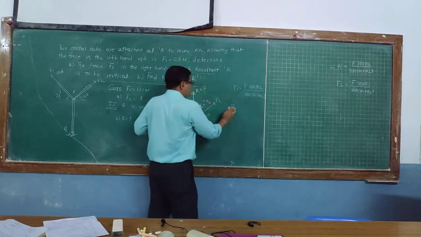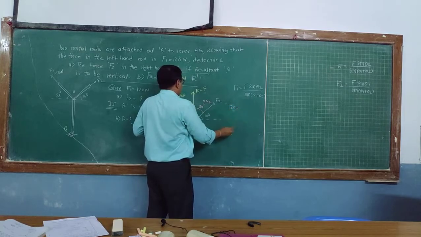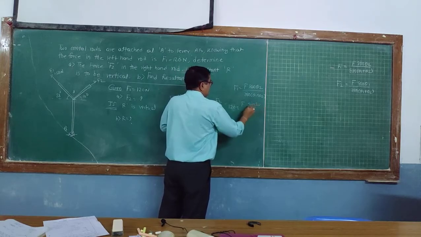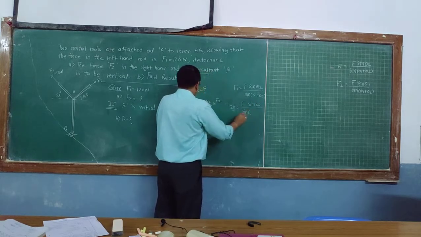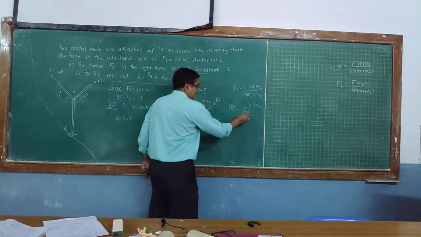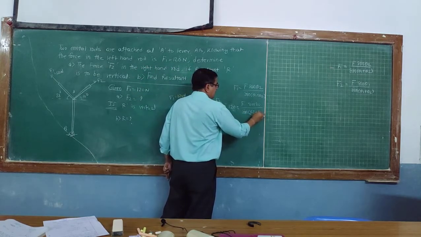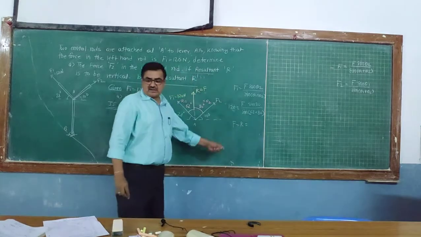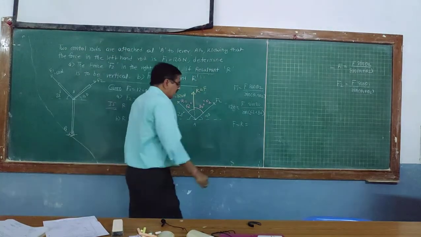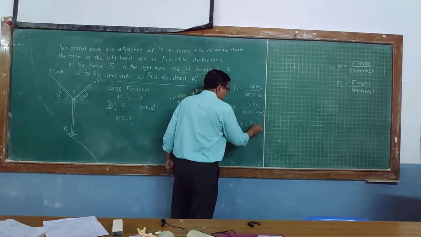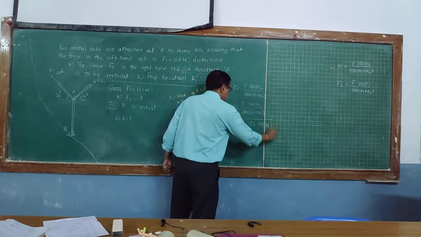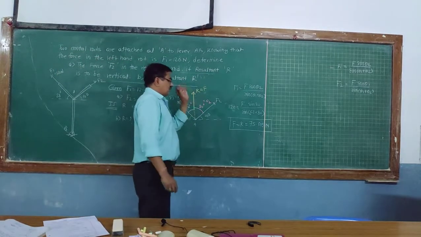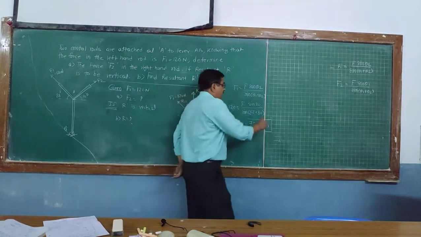F1 is given, so 120 is equal to F, unknown, into sine of 80 divided by sine of 62 plus 80. Only one unknown is there in the equation, which is F or resultant R, equal to 75.019 Newton. So in this way, skew resolution can be used to find the resultant force F.